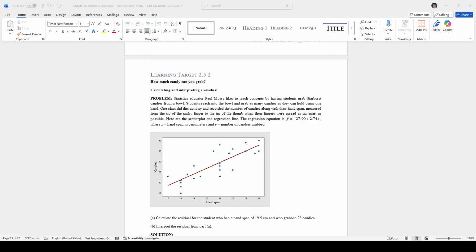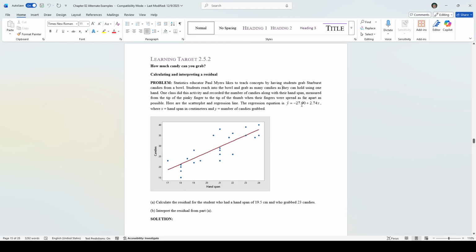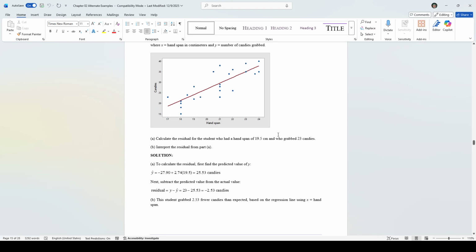Alright, hopefully you have tried the problem. Now we're going to look at the solution. If I scroll down a little bit, this is going to reveal the solution. To calculate the residual, find the predicted y. We plug in that 19.5 and we get 25.53 candy.